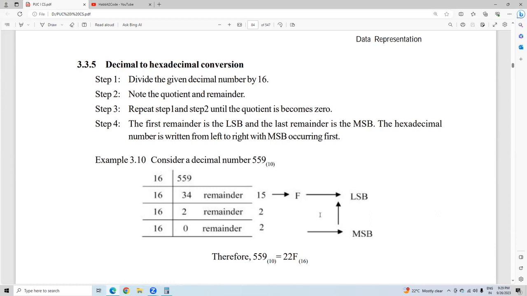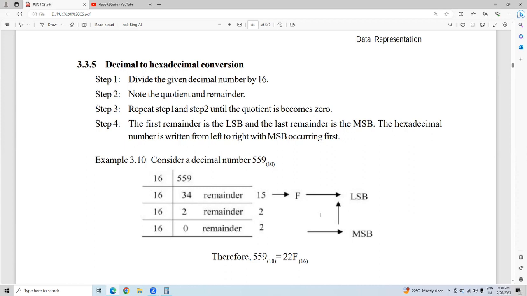See, whenever there is a conversion from decimal to some numbering system, decimal to binary means divided by 2. Go on recording the quotient and the remainder until the quotient becomes 0, it should be repeated. Decimal to octal means divided by 8. Decimal to hexadecimal means divided by 16.